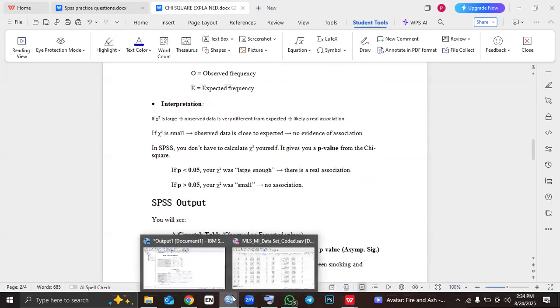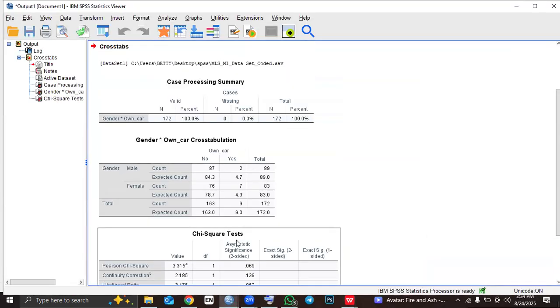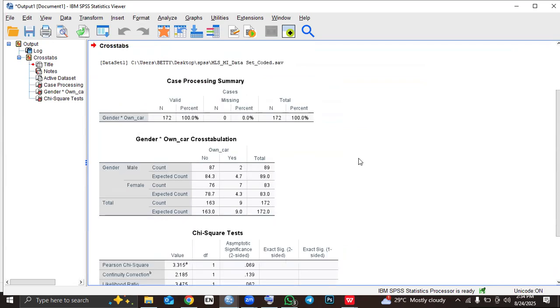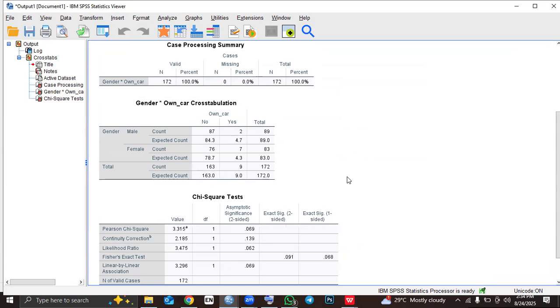So for example, this is a cross tabulation between gender and the number of people who own a car. In this example, we can see the expected counts here and the observed values here.